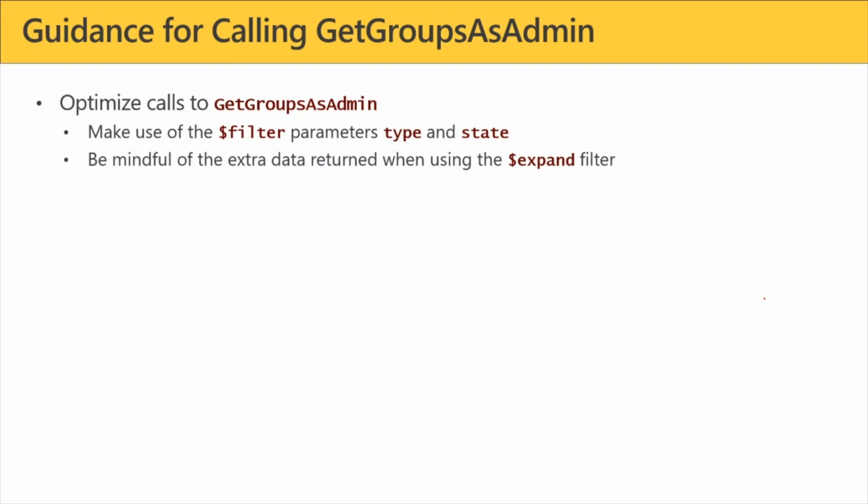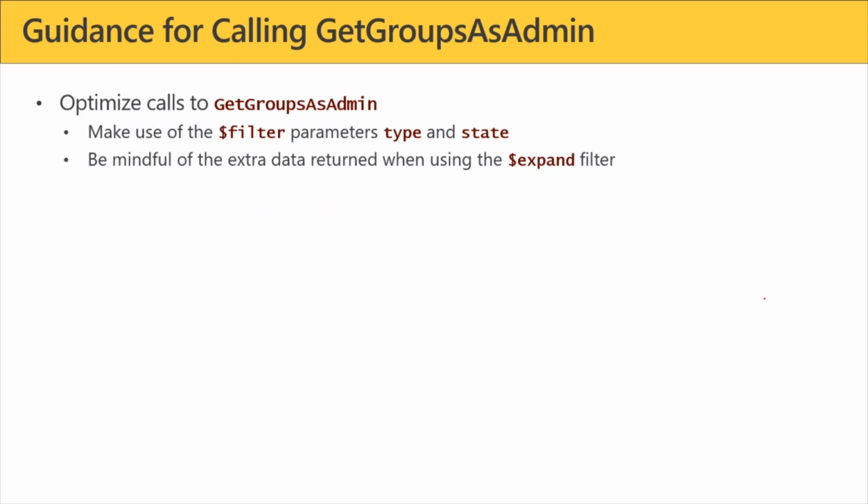I introduced GetGroupsAsAdmin early on, and one piece of advice is make use of the filter parameter for type. Typically it's type equals workspace and state equals active, and you can go further than that and add filters on some of the other properties. Be mindful of extra data that you don't really need because you've used the expand filter.